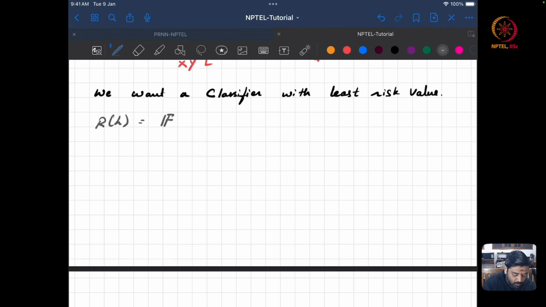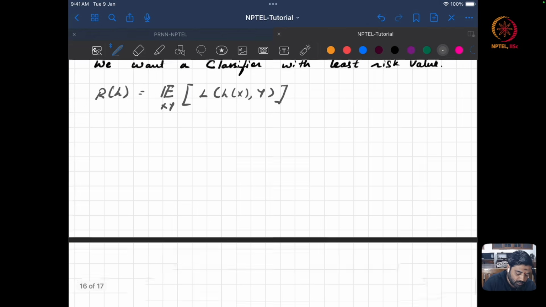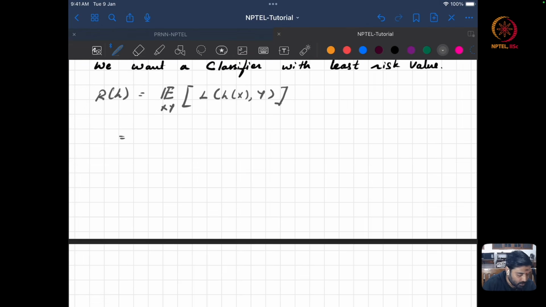So now this is the expectation with respect to XY of the loss of h(X), comma Y. Now I can decompose this into the expectation with respect to X of the conditional expectation of Y given X of the loss of h(X), comma Y conditioned on X.